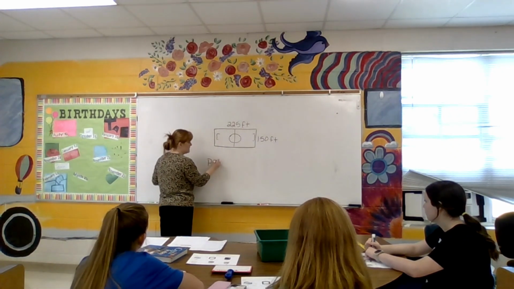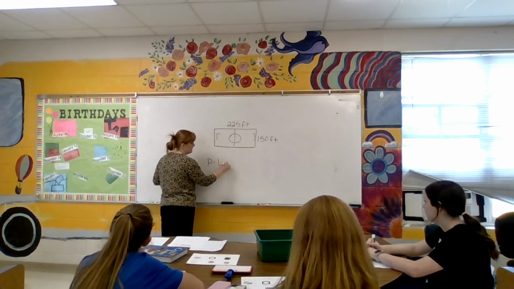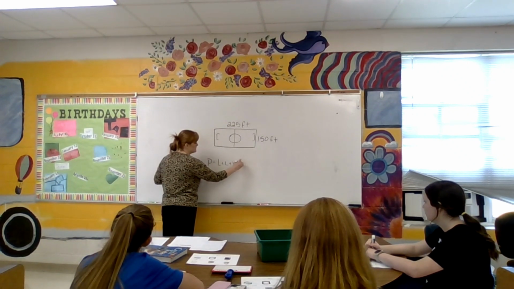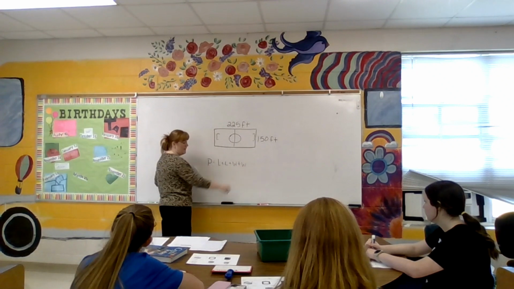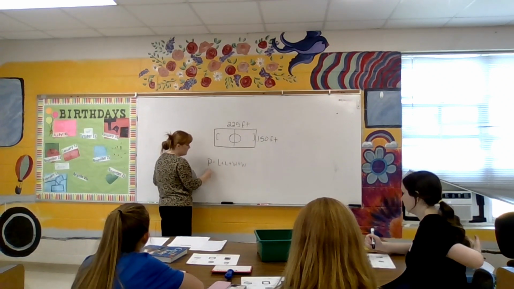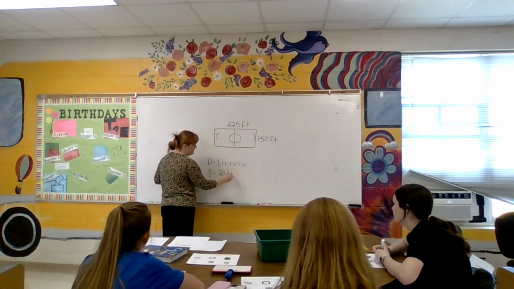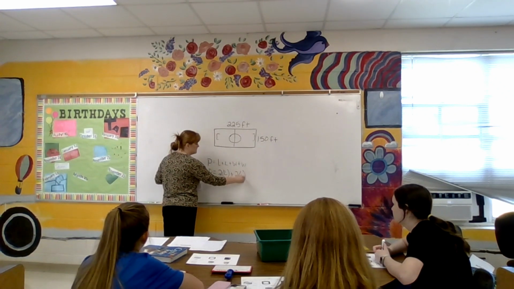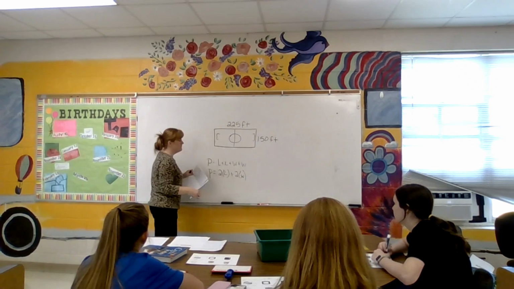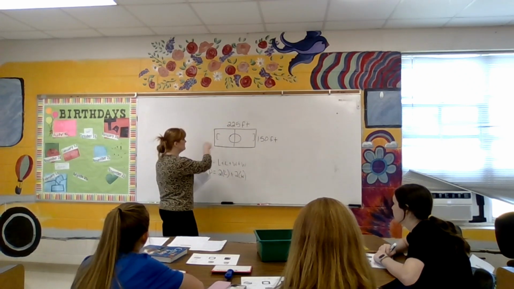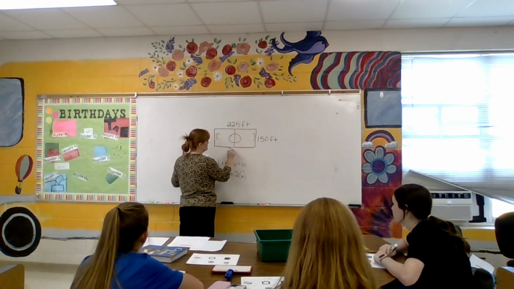So if we just say perimeter equals the length plus the width plus the length plus the width, that's just a long way of saying add the sides up. We could also use, when you have a rectangle, 2 times length plus 2 times width. So if I have 225 feet on that side, I'll have 225 feet on this side.